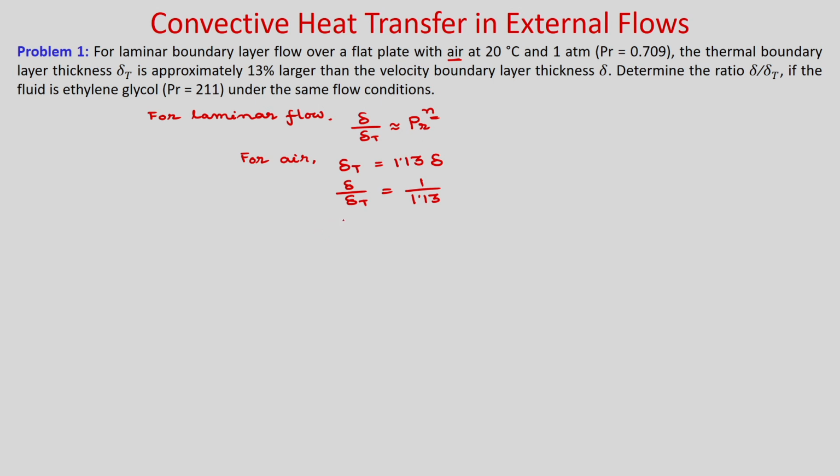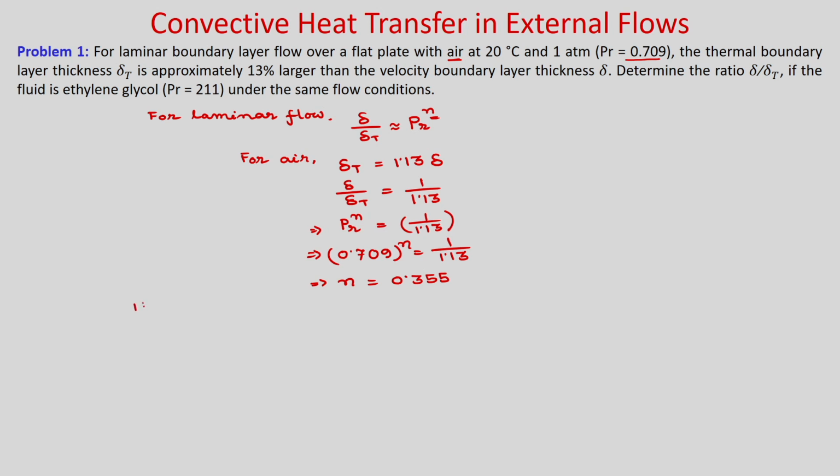If you put it here, we will get Prandtl number to the power n is equal to 1 by 1.13. Prandtl number is given as 0.709, so 0.709 to the power n is equal to 1 by 1.13. From here you find n, you will get 0.355.